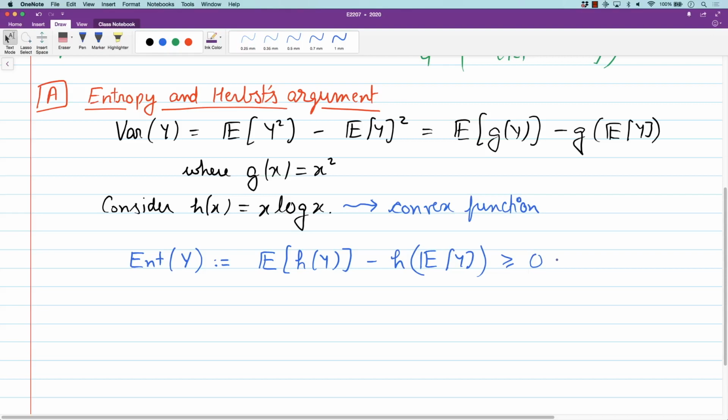Okay, all right. So this is the entropy, and what we will show is something similar to what we had earlier. So let me write this lemma and call this Herbst's argument.